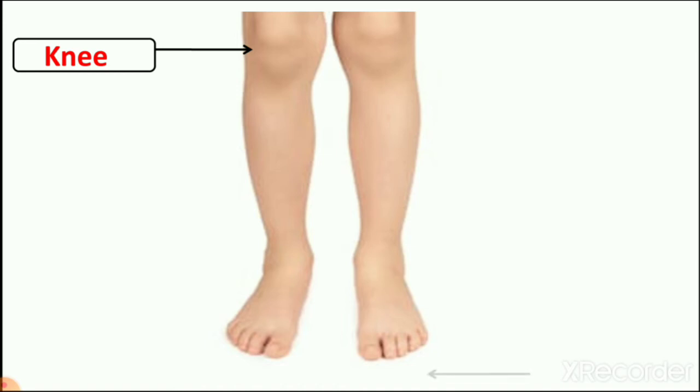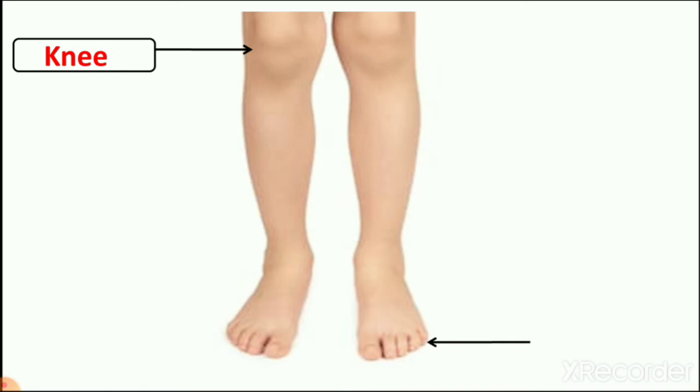Now let's see which is next one. What is this? Yes, it is fingers. But when we learned about the hand, we called them fingers. But when we learn about legs, the fingers of the legs are known as toes, right?